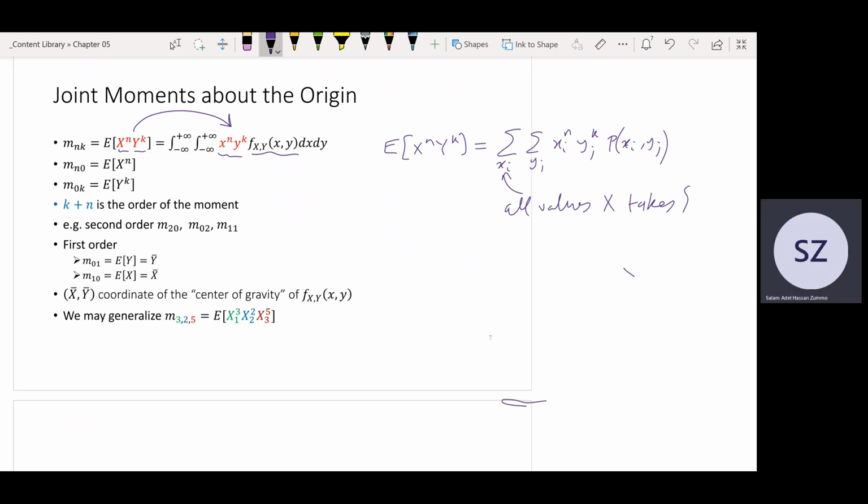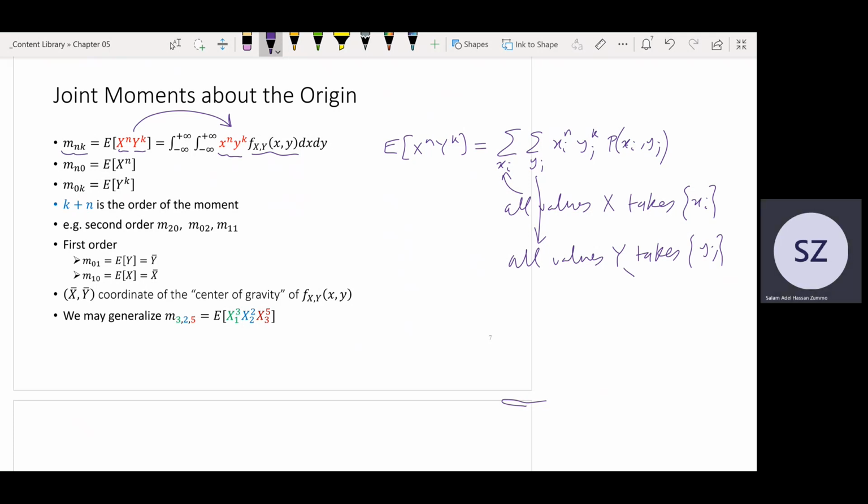So basically xi. And here I am summing over all values that y takes. This is the idea of summation over x values and y values. Right? And we call this m sub nk.